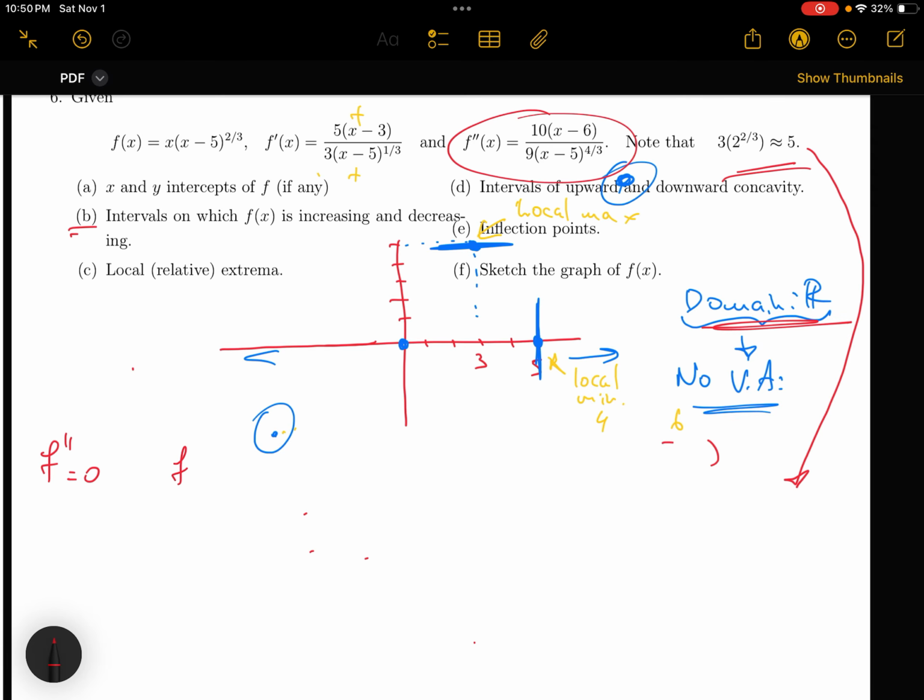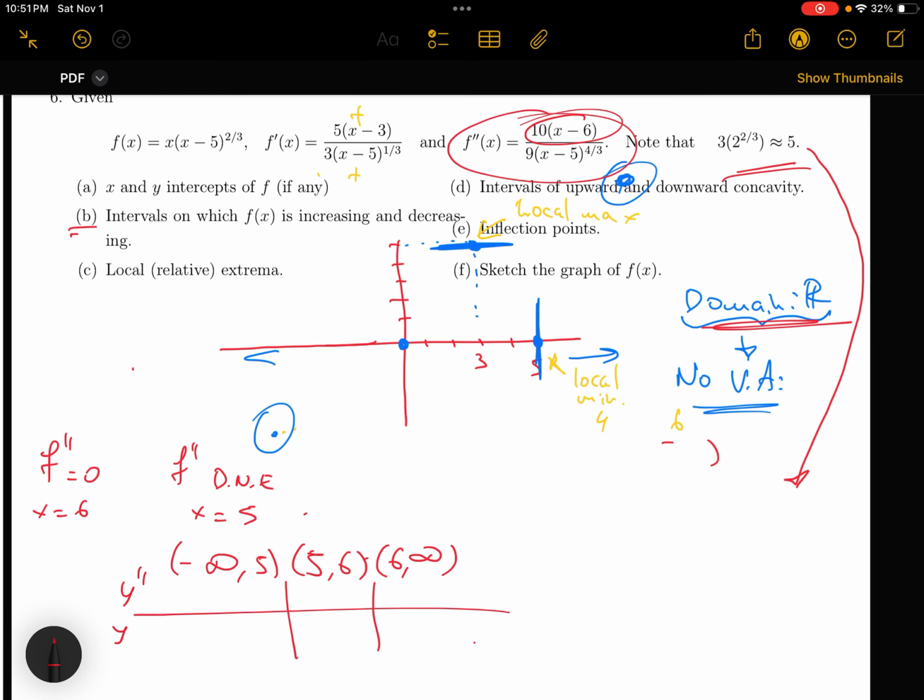So f double prime is equal to 0, or f double prime does not exist. The second derivative is 0 when x is equal to 6, and it doesn't exist when x is equal to 5. Because the domain is R, you build this table from negative infinity to 5, from 5 to 6, and from 6 to positive infinity, y double prime and y.